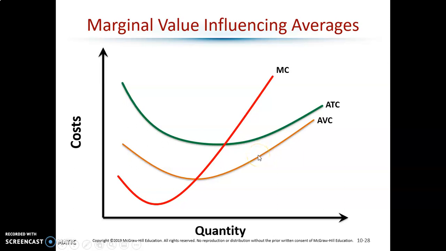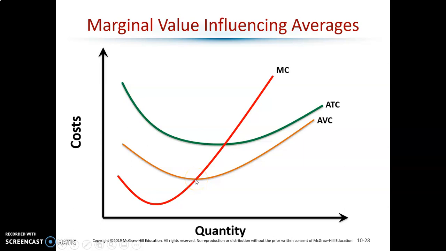You're starting to have to rent extra space or whatever you have to do. Given your current level of production capacity, you're having to strain it more and more. So it starts to go up right here, and it starts to go up at the point at which your marginal cost and average variable costs come equal.